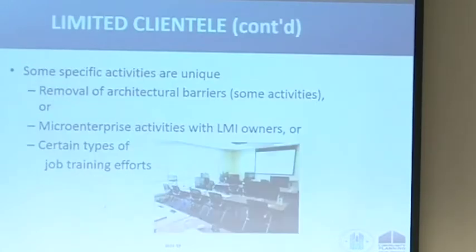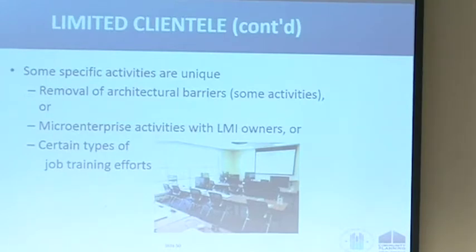Okay. So there are also some unique activities, such as the removal of architectural barriers. And I just so happen to have in our parking lot a question that came up that is kind of relevant. The question is: City Hall ADA Improvement Project, national objective, proper documentation, pitfalls to avoid.